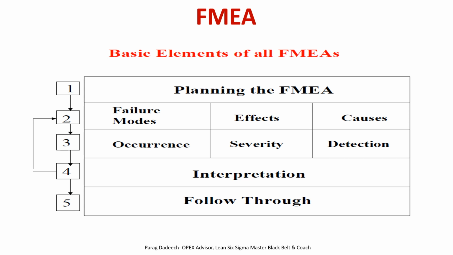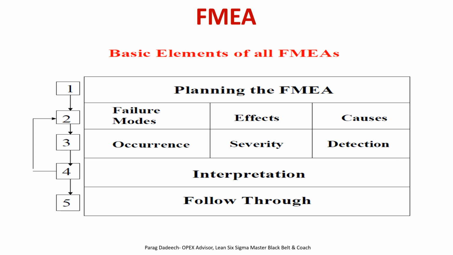The second step is you identify the potential failure modes. You identify the potential effects of the failure modes. How severe are the effects? You identify the potential causes of the failure modes. You identify and assess the current controls of the failure modes.